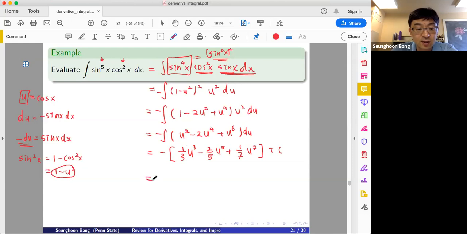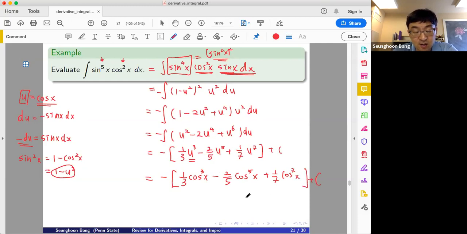So next, change back. 1/3, and this u is the same as cosine. Changing back: cosine cubed x minus 2 over 5 cosine to the 5 plus 1 over 7 cosine to the power 7, plus c. That's it. This is your final answer for solving this problem.